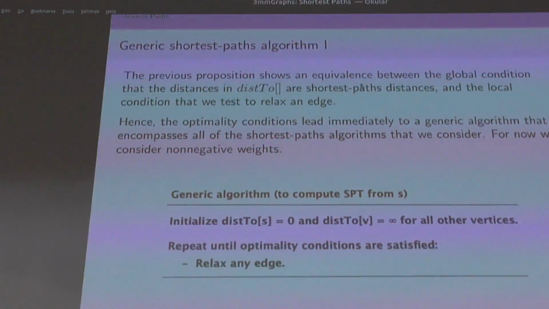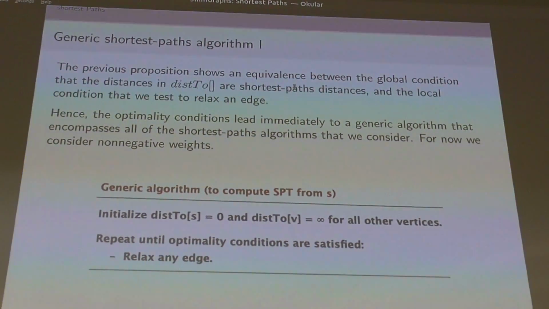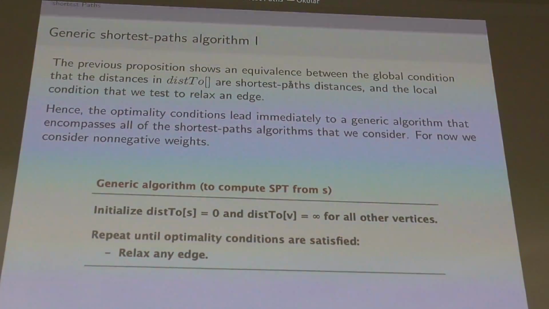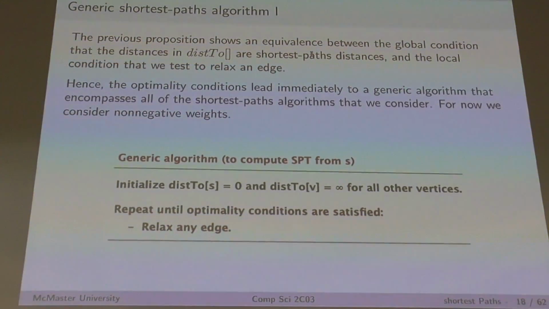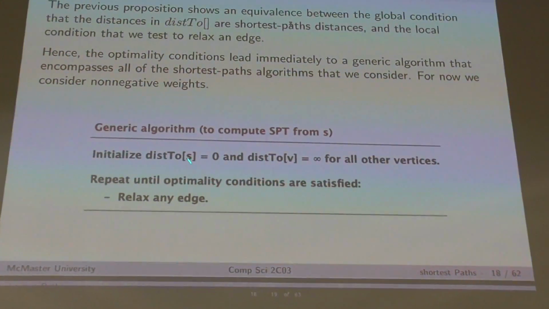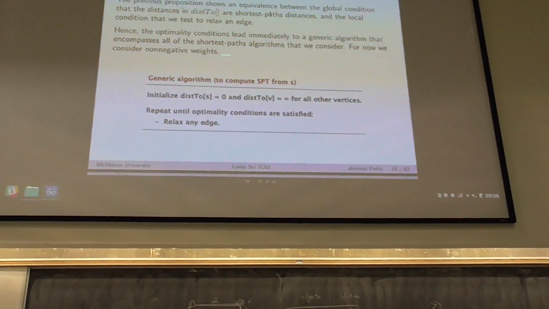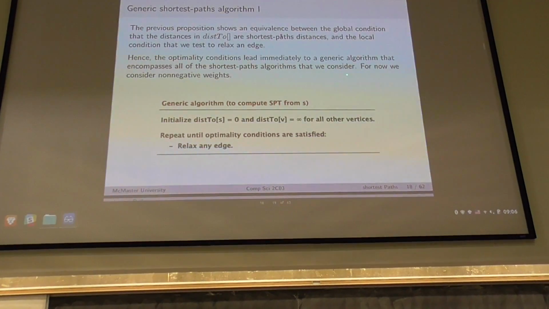So, we'll skip the proof. The previous proposition shows an equivalence between the global condition that the distances in distTo are shortest path distances and the local condition that we test to relax an edge. Hence, the optimality condition leads immediately to a generic algorithm that encompasses all of the shortest path algorithms that we consider.